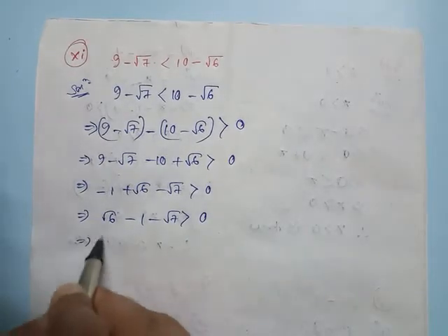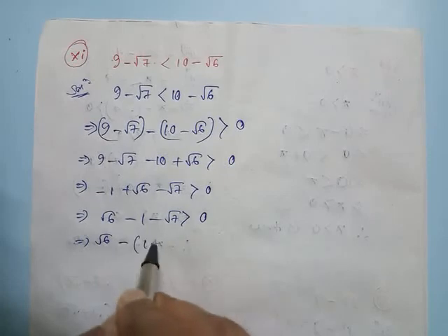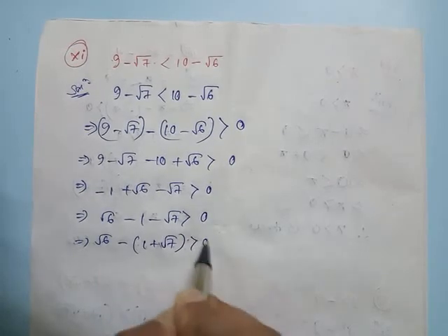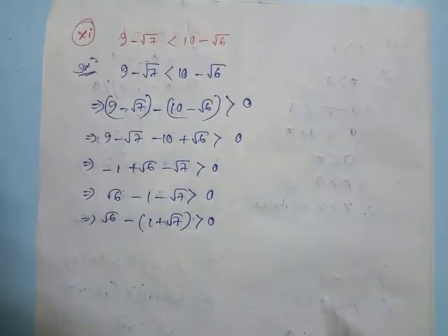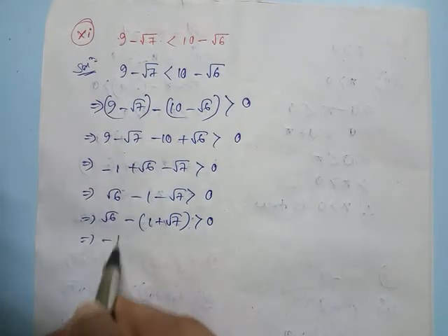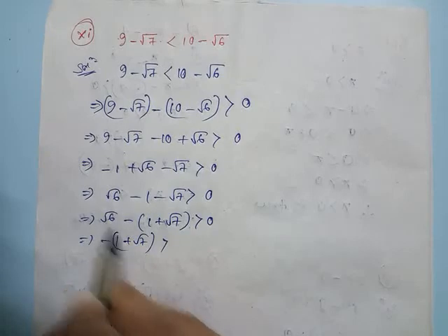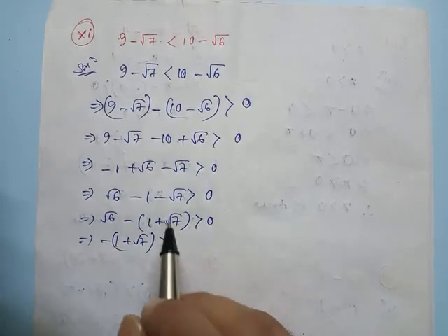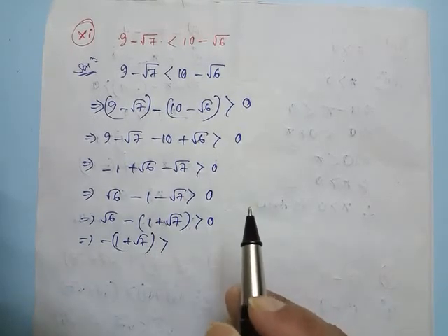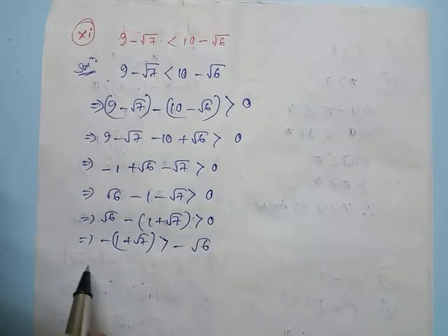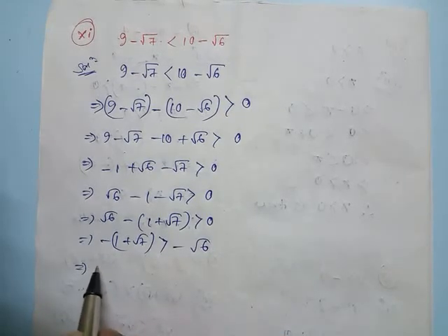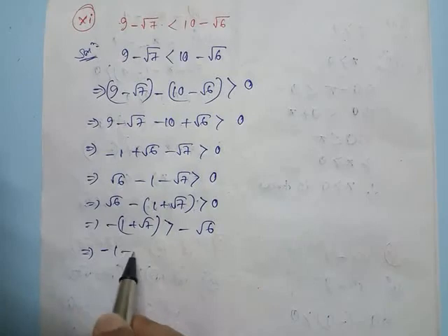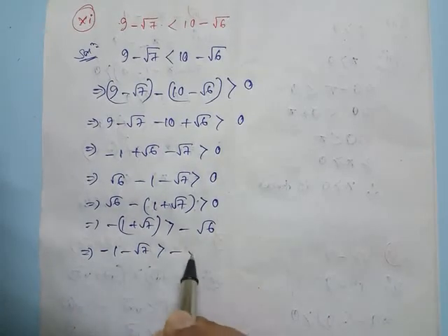Now student, here I can write root 6 and minus 1 minus root 7 bigger than 0. Next step, if I take minus common, then 1 plus root 7, and on the other side minus root 6. Now just multiply the minus with 1 and root 7: minus 1 minus root 7 bigger than minus root 6.